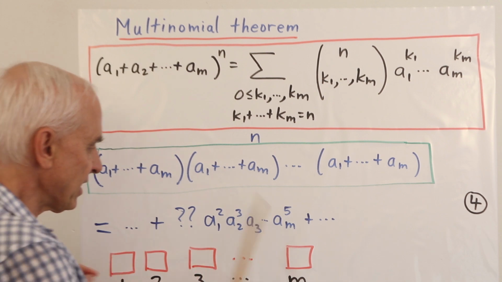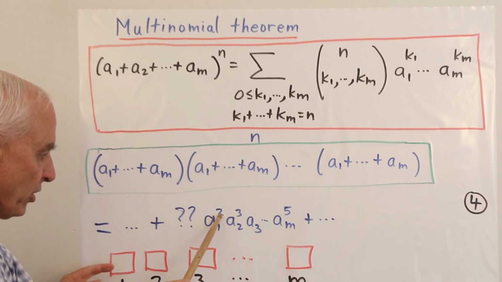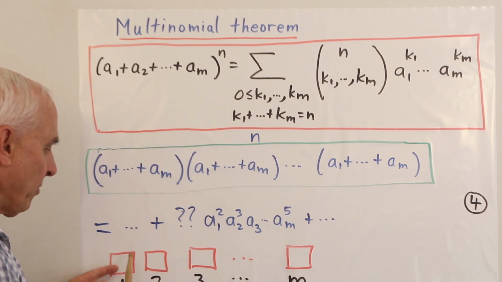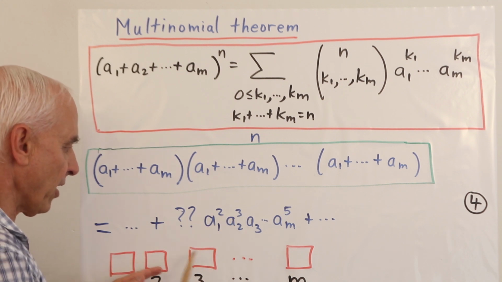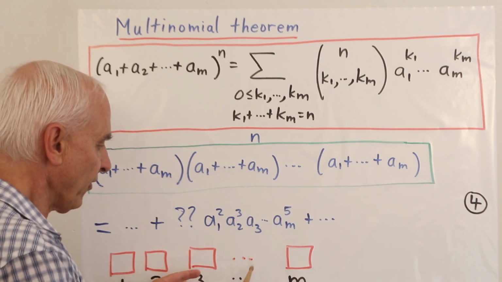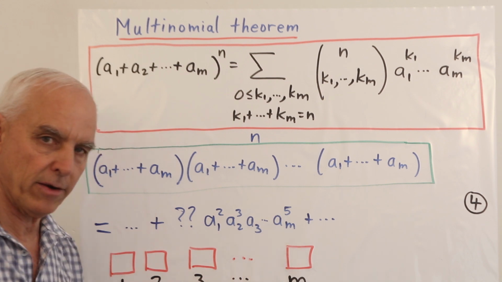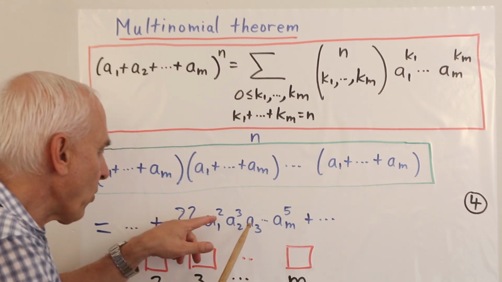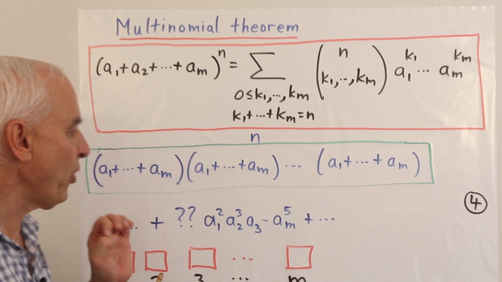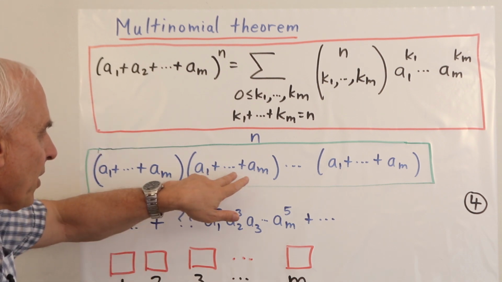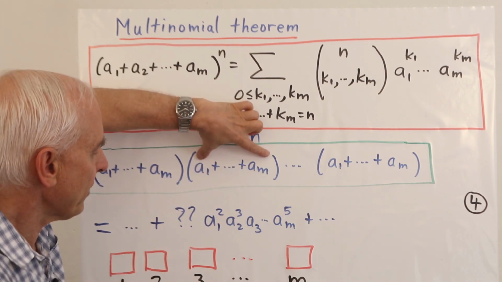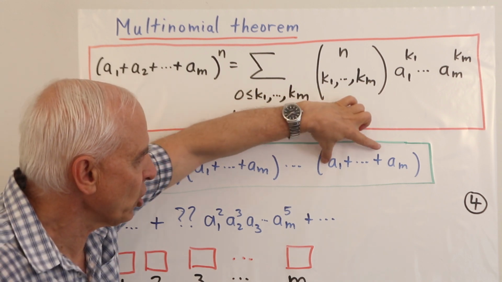And we're deciding in this individual case to put two of them in here, and three of them in here, and one of them in here, and something else in these guys, and five of them in there. And what actually are we putting in here? Well, we're putting in the constituent terms in this product.